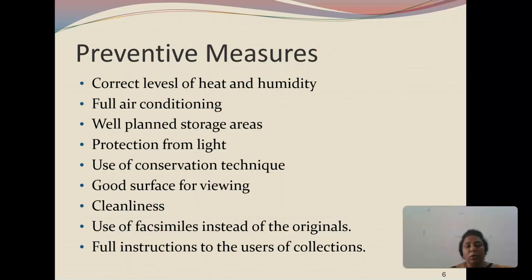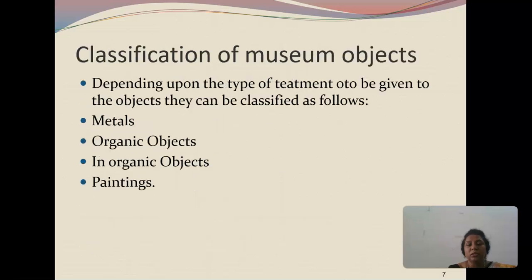Use proper conservation techniques, there should be a good surface for viewing, and it should be cleaned periodically. Facsimiles could be used instead of keeping the originals, and full instruction should be given to the users of the collection. So these are the preventive measures you can take.